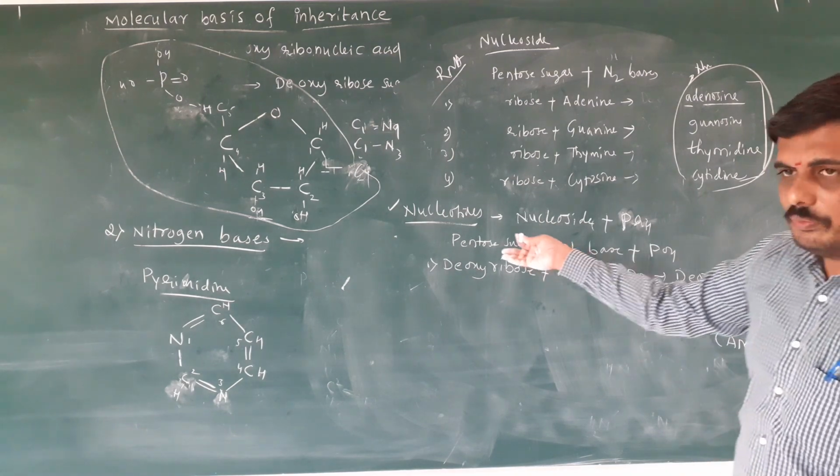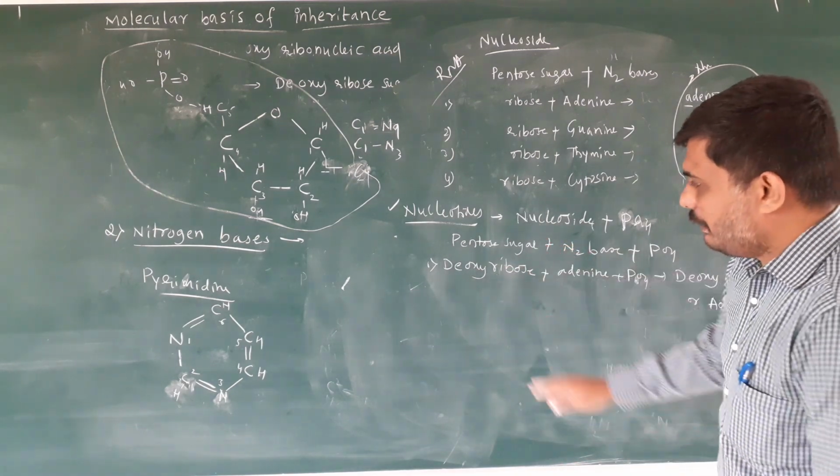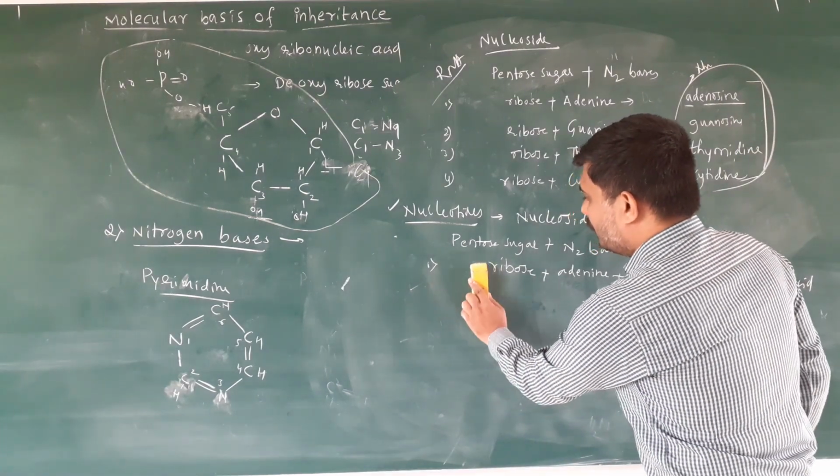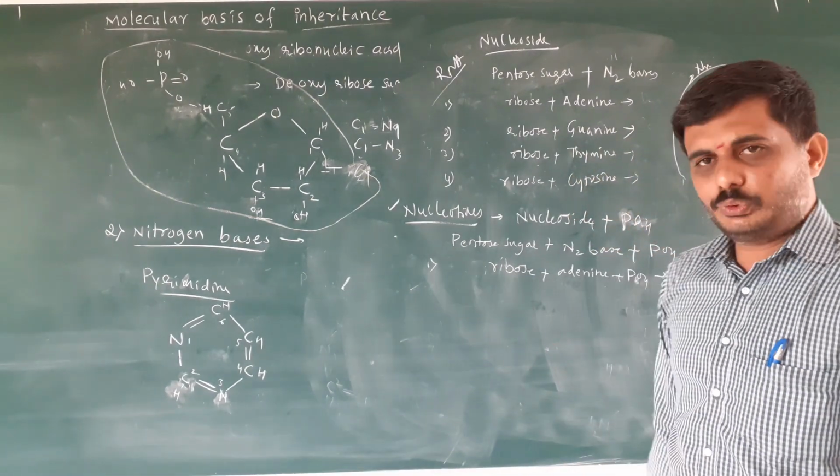Then what are the nucleotides? Deoxyribose sugar is present in DNA, but in case of RNA, only ribose sugar is present.